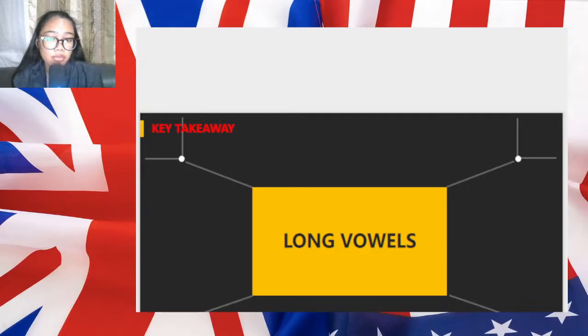So both short vowel sounds and long vowel sounds are monophthongs, okay? There are no diphthongs between the two, because when we pronounce the short vowel sounds as well as the long vowel sounds, your tongue is just in one position.